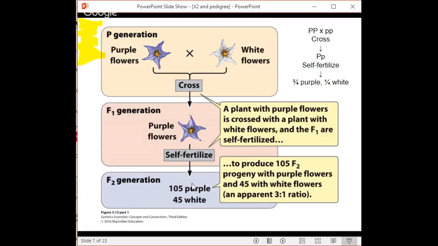And then through self-fertilization, we should end up with 3/4 of the population being purple and 1/4 of the population being white. However, what we observed is 105 of these individuals are purple and 45 of them are white. So let's figure out how well what we've observed fits with our theorized values.